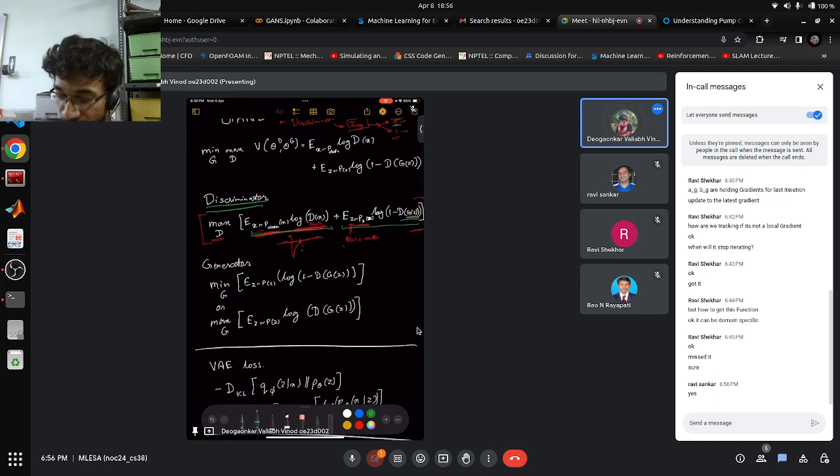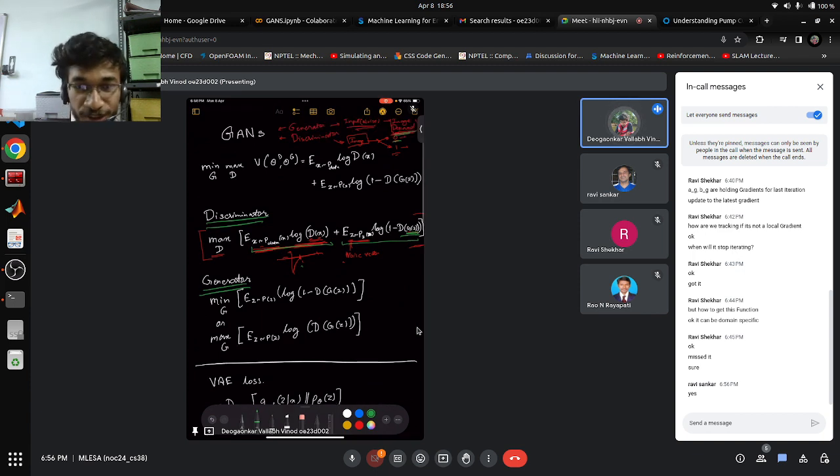then we have the generator part. Since the generator has exactly the opposite objective of the discriminator, it is trying to minimize this entire thing.